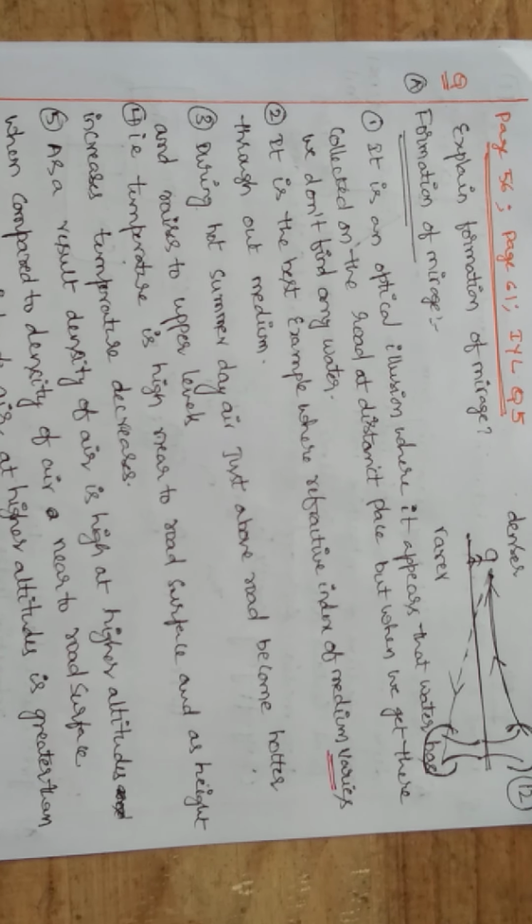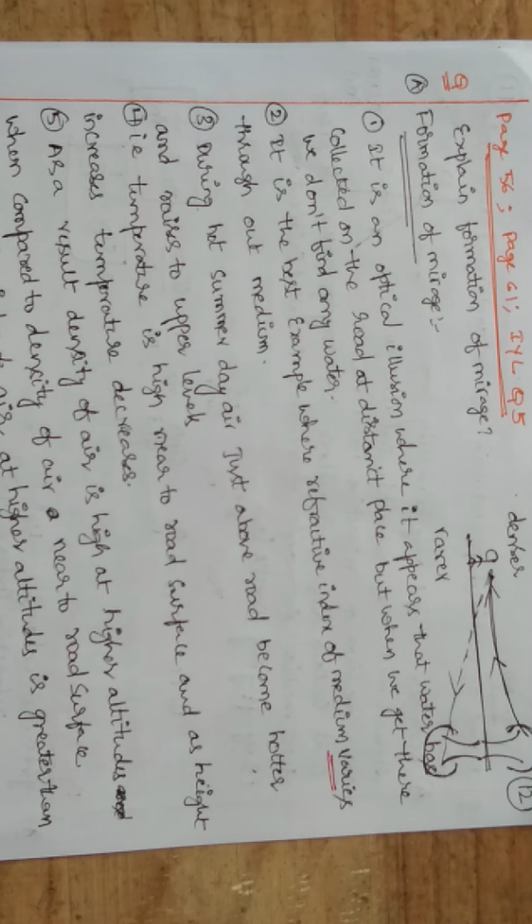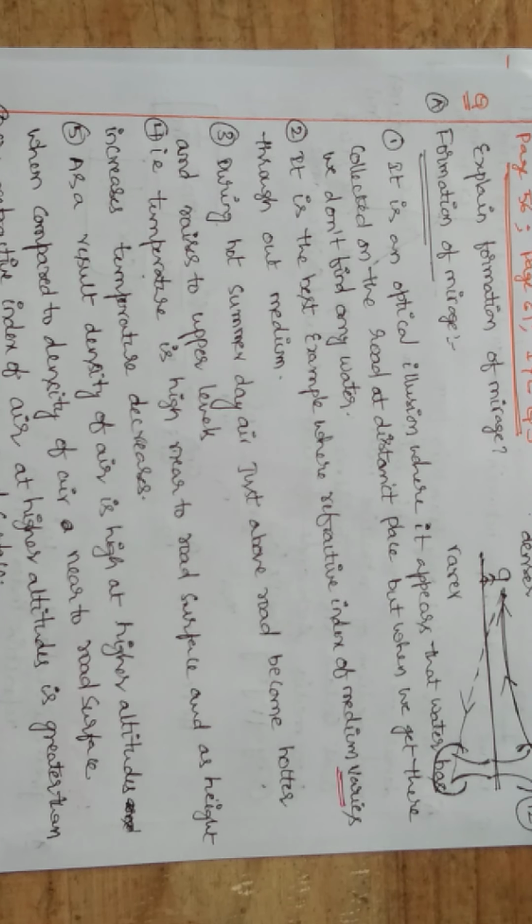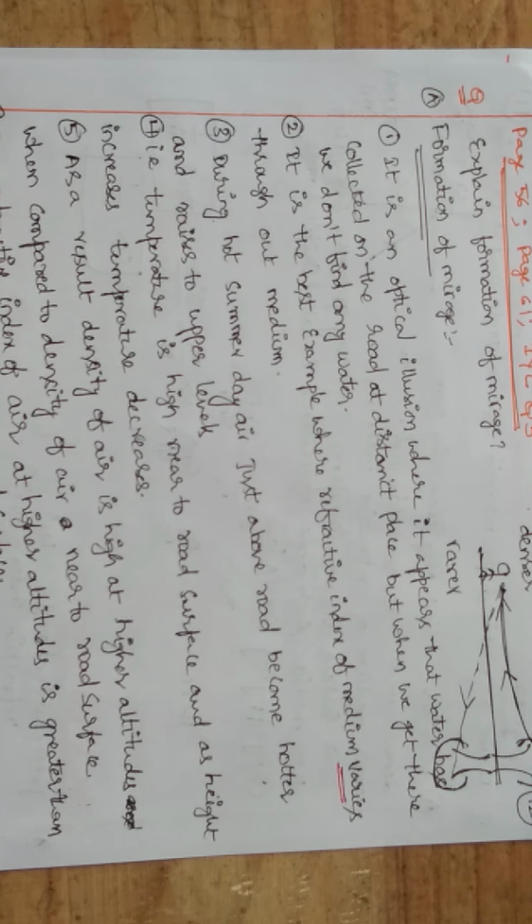So in the upper layers there are more molecules, and the lower layers of the atmosphere have fewer molecules. Because of this, upper layers of the atmosphere act as denser, and lower layers act as rarer.